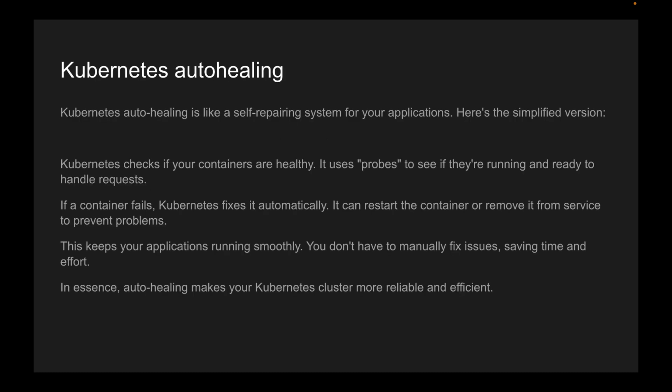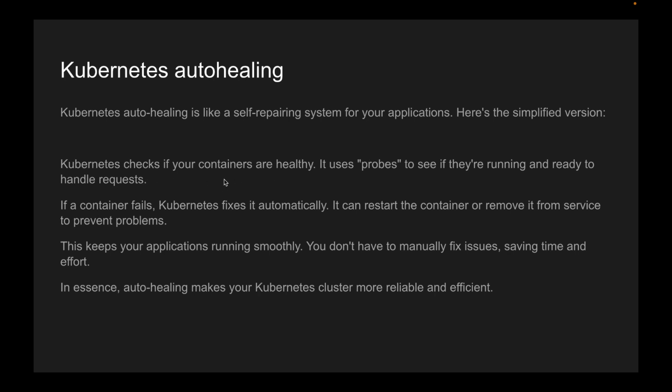Now Kubernetes has many good features, but I like this feature, and it is very important and very useful in real-time and production level applications. So let's learn about that. Kubernetes auto healing is like a self-repairing system for your application.